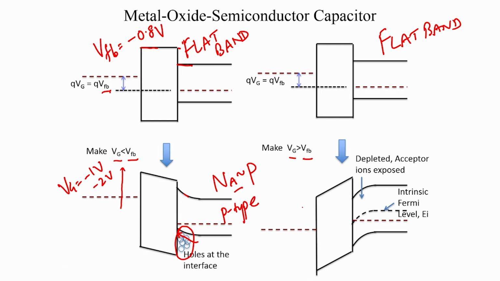Now, as you start making Vg greater than Vfp, the Fermi level of the metal will start moving downward, and we will pass the thermal equilibrium point where these two Fermi levels were aligned. As you start pushing the metal Fermi level below, you will reach the point where you artificially recreate the thermal equilibrium point, because you have to set Vg equal to 0.